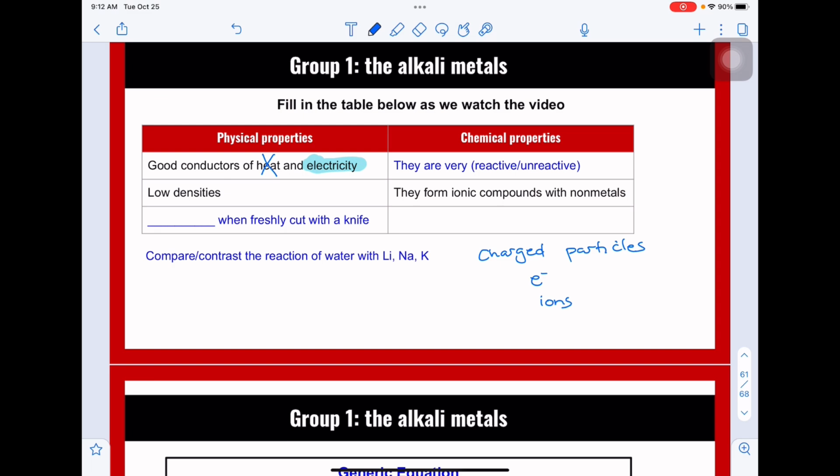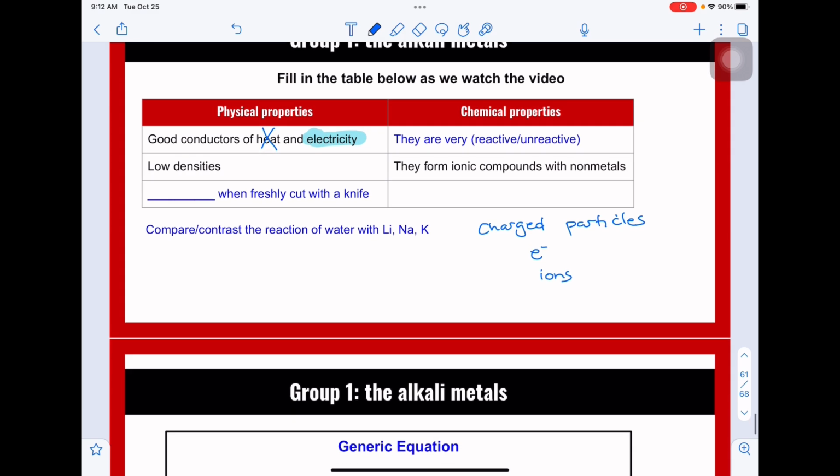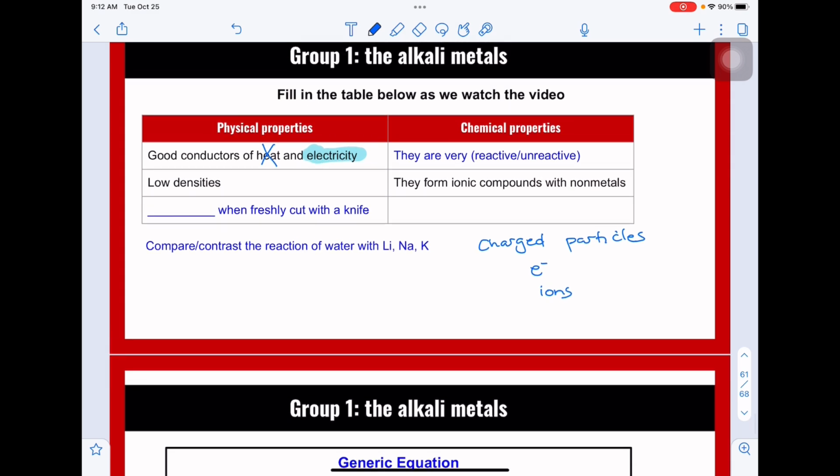And how well it allows this movement tells us how good a conductor something is. Okay, so we're talking about electricity here. Okay, so we say metals are good conductors of electricity because they allow free movement of charged particles. Okay, and we'll see more about this when we do metallic bonding in unit 4.